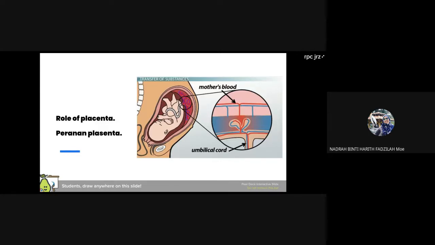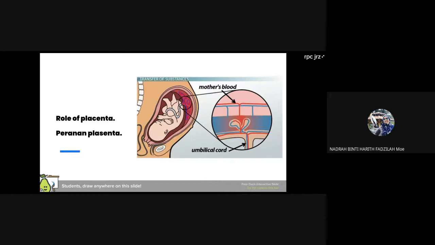So the thickness of the endometrium is maintained due to the signal hormones secreted by the placenta. The hormones are still the same, estrogen and progesterone. As you can see here in the diagram, where is the pen?